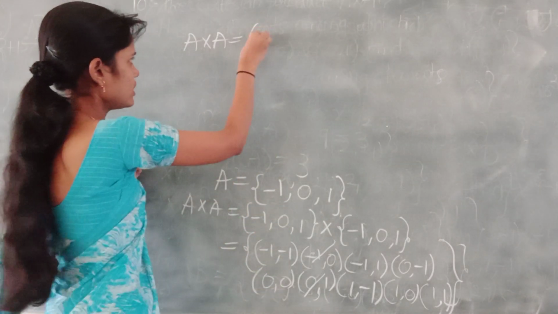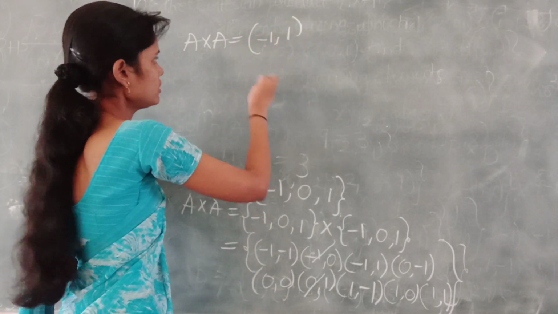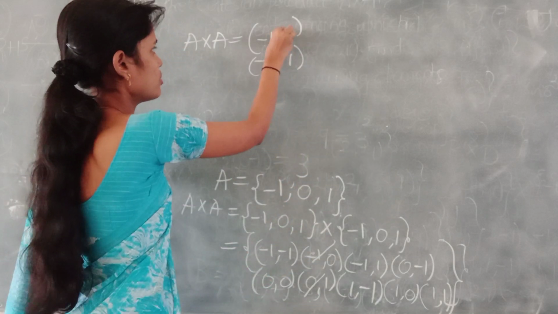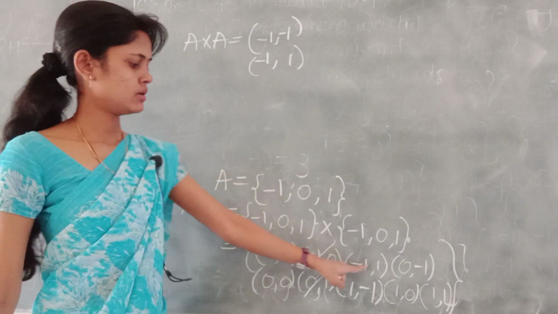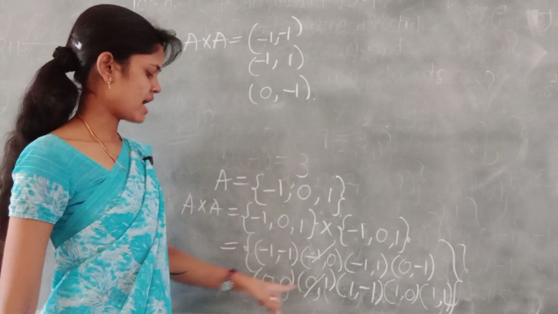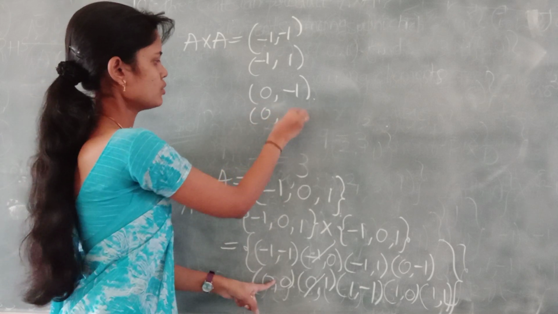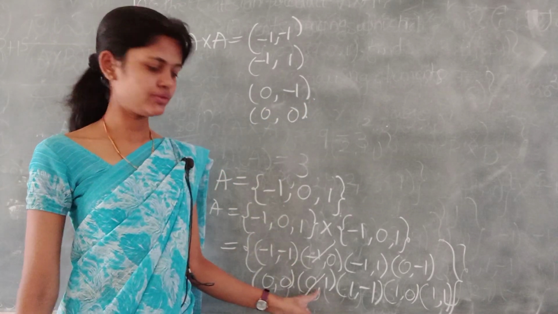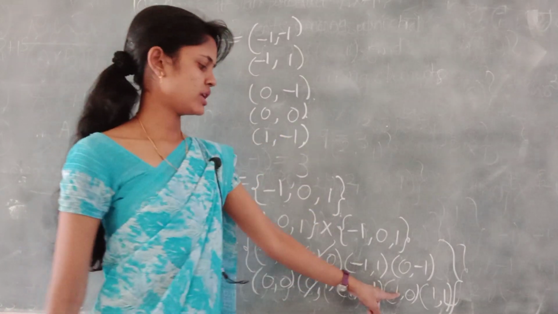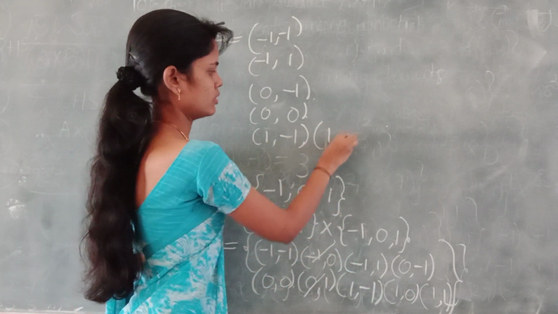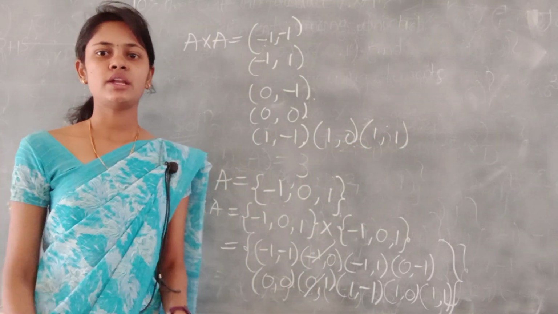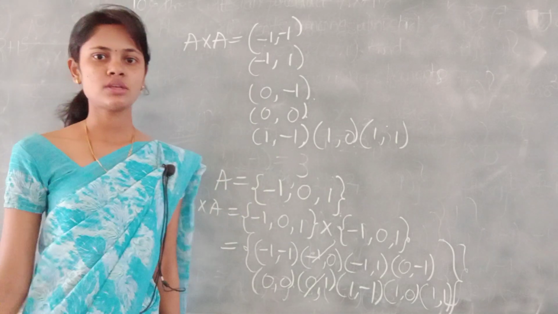What are the remaining ordered pairs? (-1,-1) and (-1,1), (0,-1) and then (0,0). We have to leave (0,1), and (1,-1), (1,0) and (1,1). These are the remaining elements in A cross A.